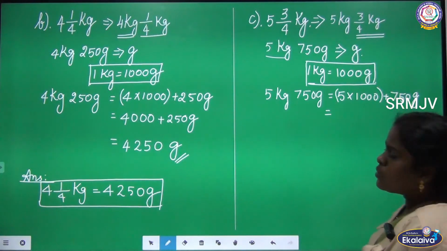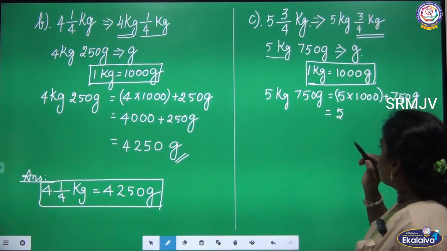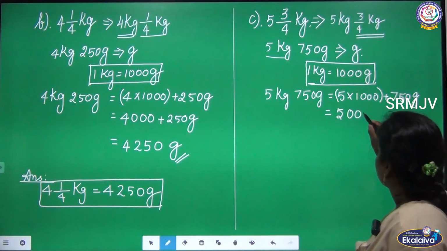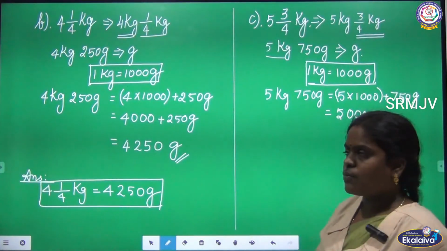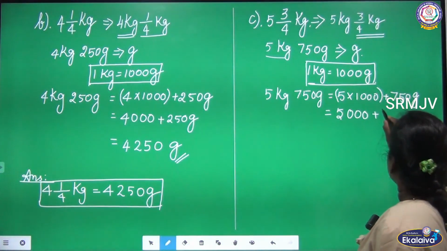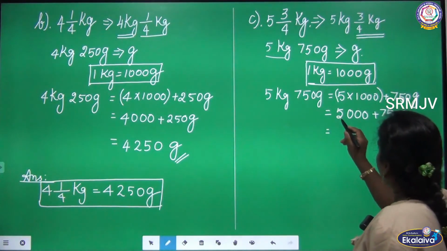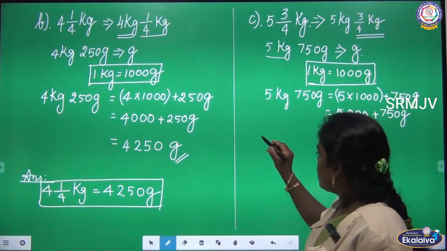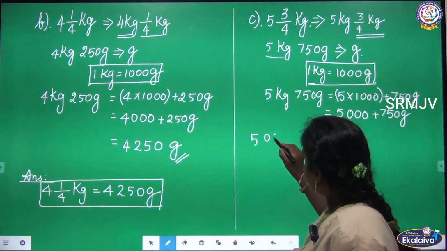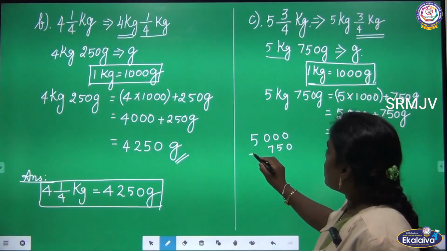So 5 into 1000. 5 is the given number and put 3 zeros after the number. So 5 into 1000, it is 5000 plus 750 gram. Yes, now add the numbers 5000 and 750. Arrange the numbers and then add 5000 plus 750.